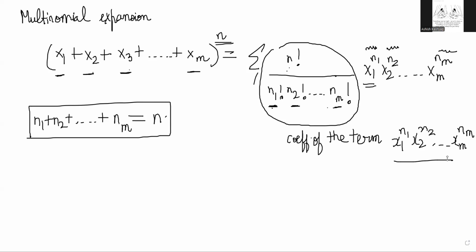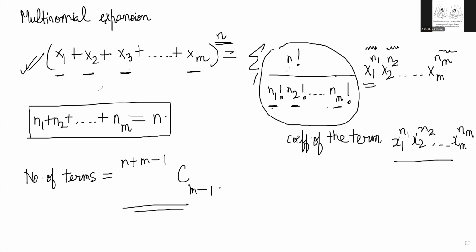Now, how many terms are there in this series? The number of terms in the multinomial expansion, the general case, is equal to n plus m minus 1 c m minus 1. So you need to remember this. This is how you expand it. There are going to be many terms here, and the number of terms will be n plus m minus 1 c m minus 1.